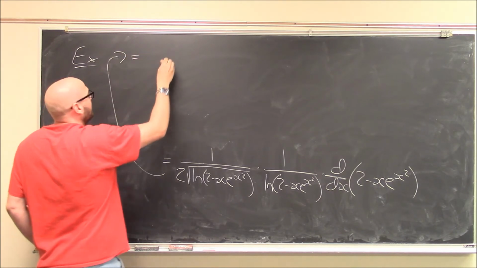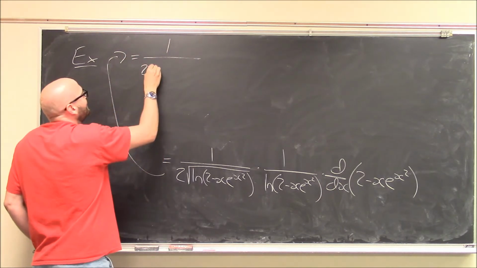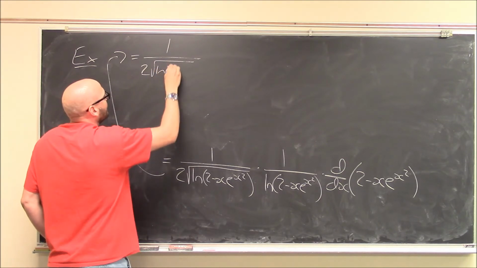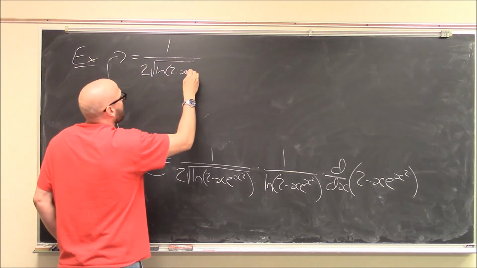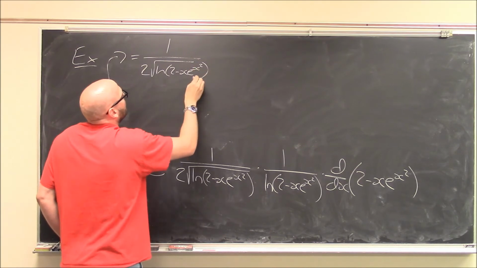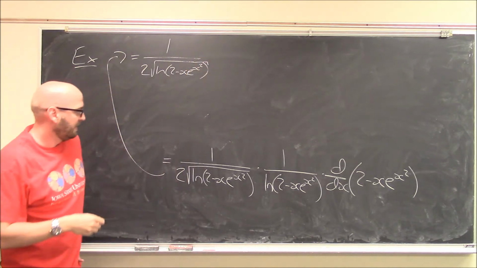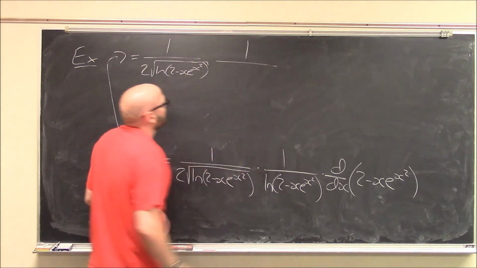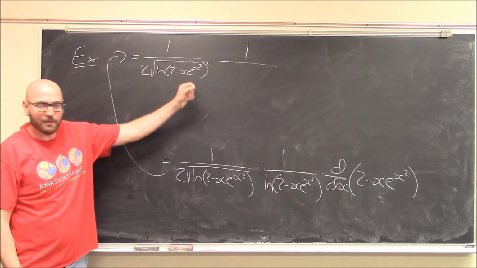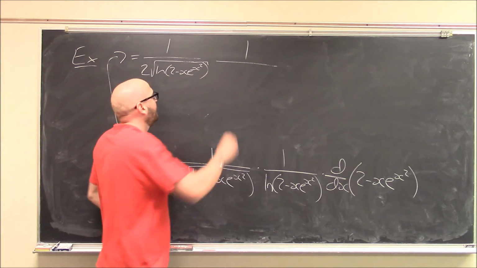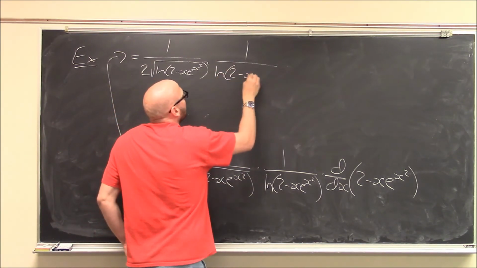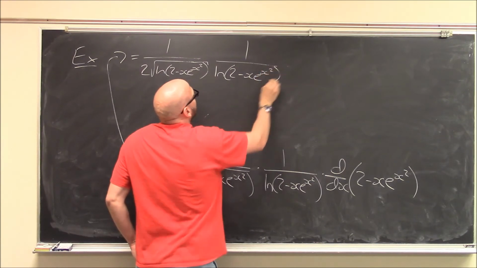So that's going to be 1 over 2 square root of stuff, times 1 over, I could turn this into a single fraction, 1 over a whole bunch of stuff, I just didn't realize it on this line. Ln of 2 minus x e to the x squared.